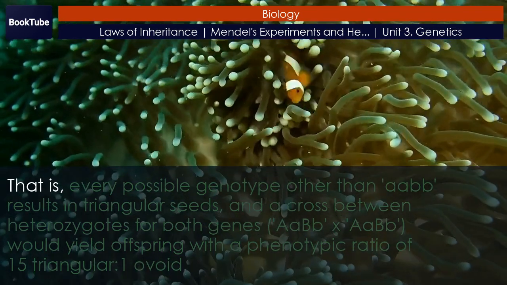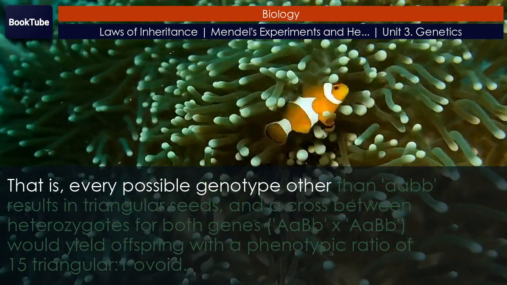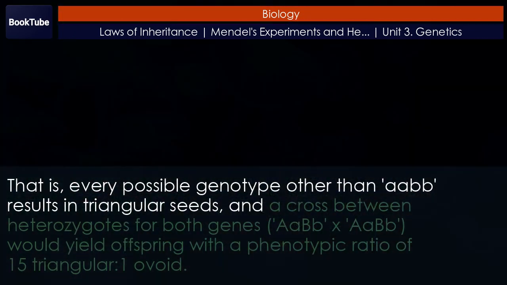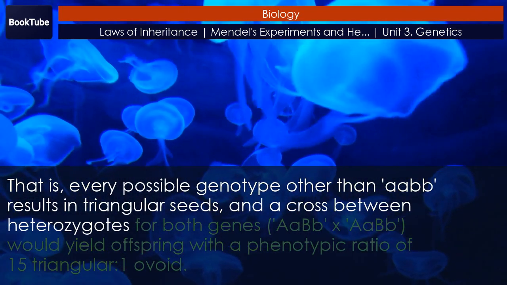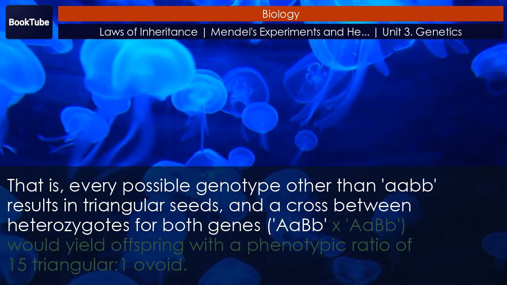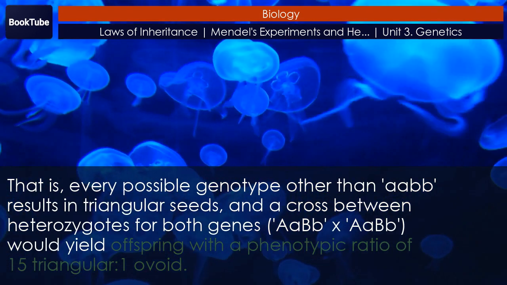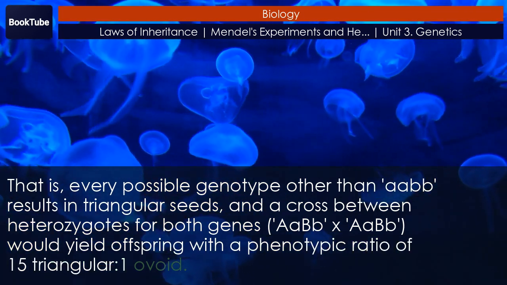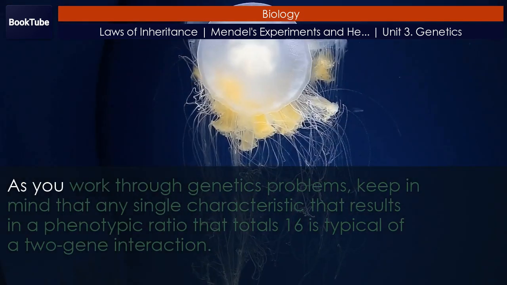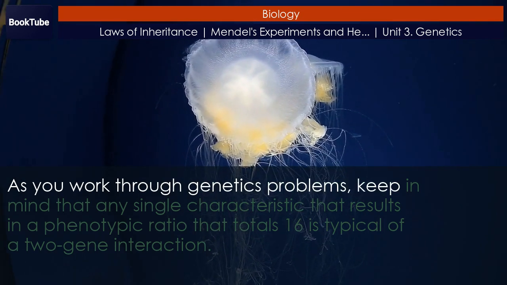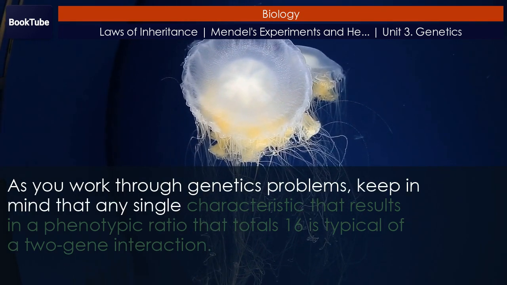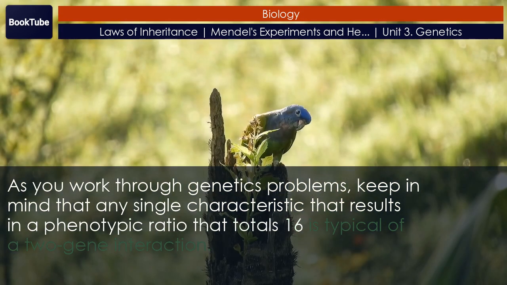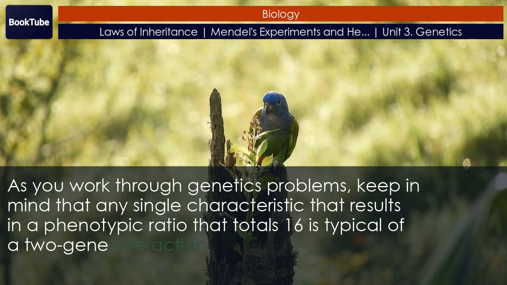That is, every possible genotype other than aabb results in triangular seeds. And a cross between heterozygotes for both genes, AaBb x AaBb, would yield offspring with a phenotypic ratio of 15 triangular, 1 ovoid. As you work through genetics problems, keep in mind that any single characteristic that results in a phenotypic ratio that totals 16 is typical of a 2-gene interaction.